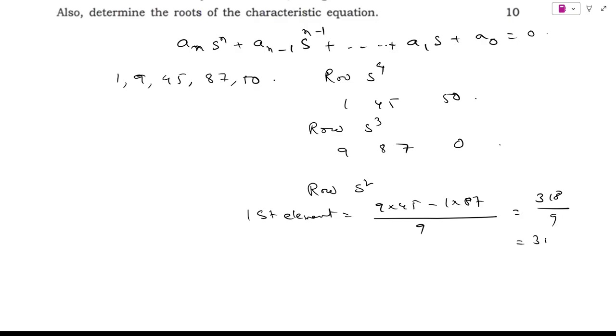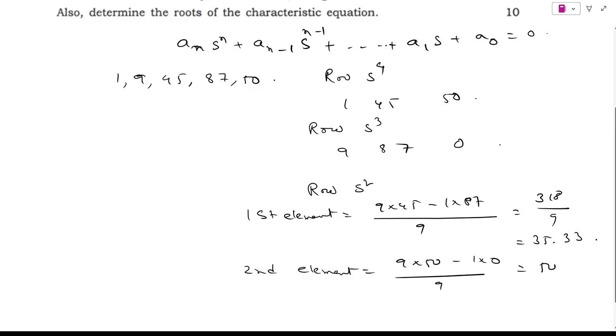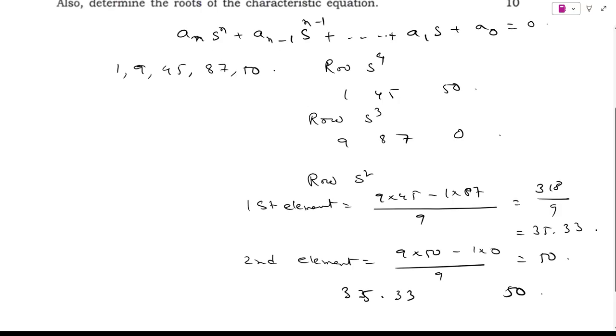So this is 35.33. Okay. Now the second element. This is 9 into 50 minus 1 into 0 by 9. So this will be 50. Okay. So 35.33 and 50. Right.